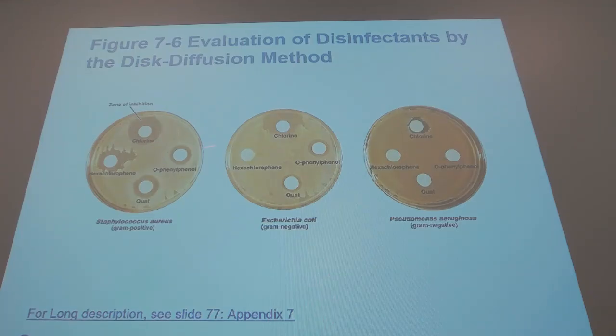On the top we have chlorine, on the bottom we have quaternary ammonium, on the left we have hexachlorophene, on the right we have o-phenylphenol, 4 different types of disinfectants. And then the clear halo around the disc represents disinfection efficacy or growth inhibition.